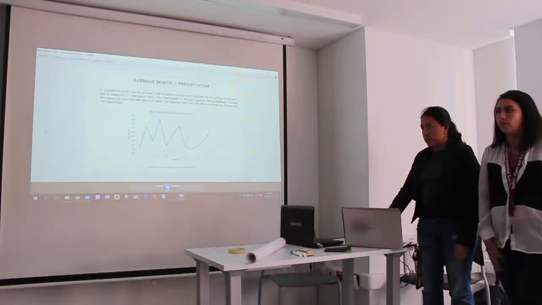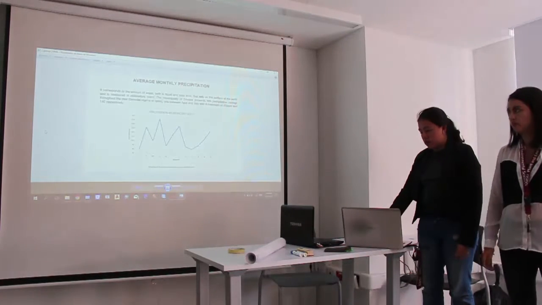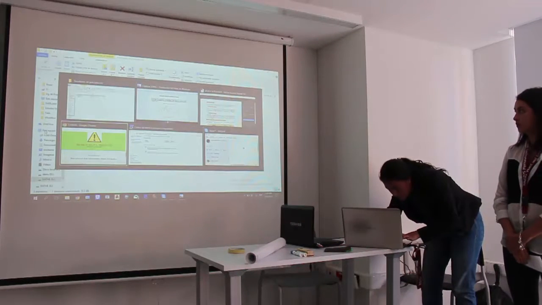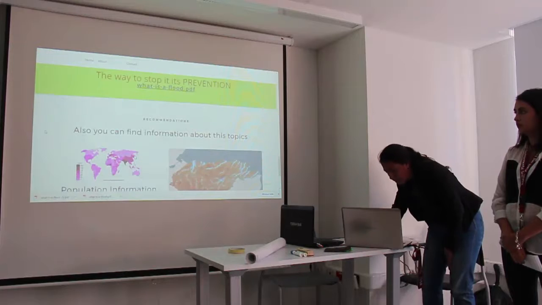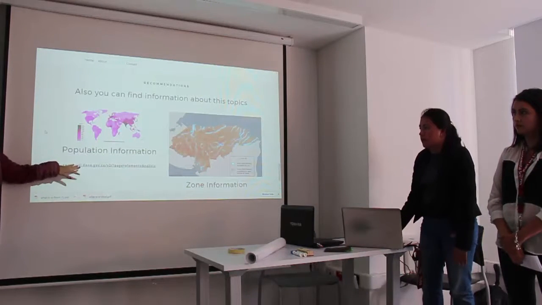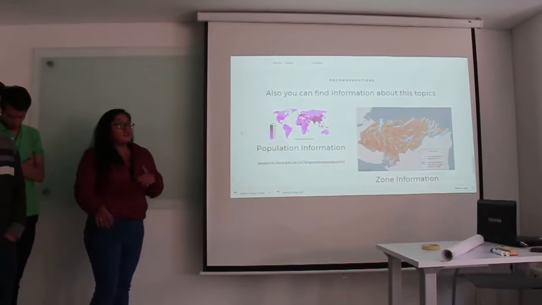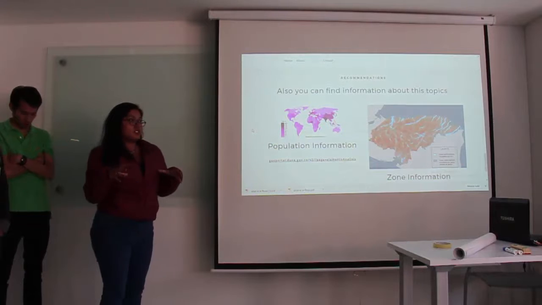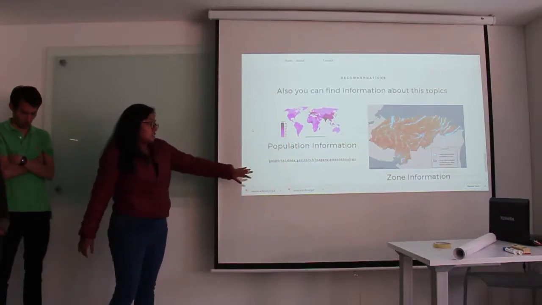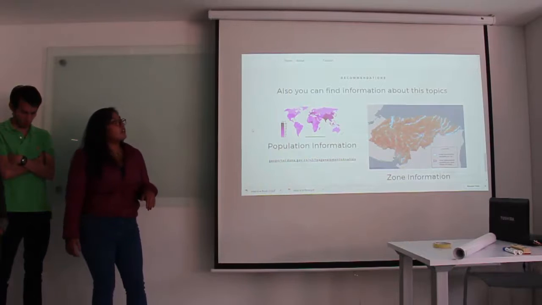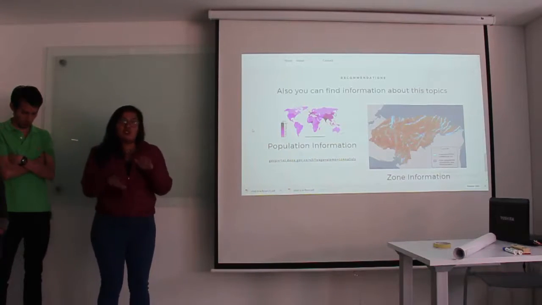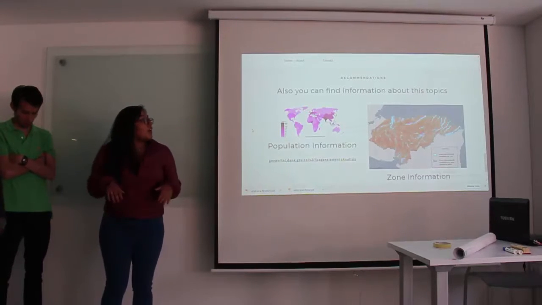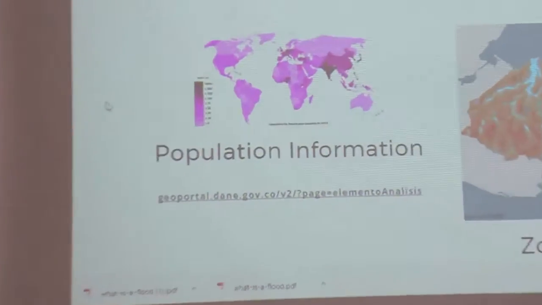And also on the page, you can find a link here, population information from DANE, and you can evaluate a range of kilometers, and this portal tells you the composition by age, for example, to analyze the population and the risk.